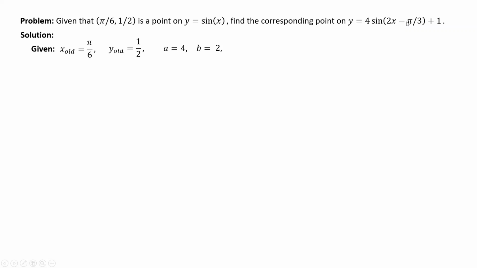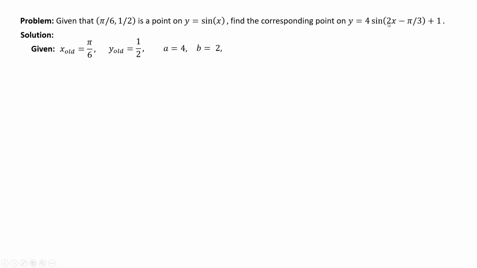bx plus c. So what is c? As Elmer Fudd would say, be very, very careful. Is c pi thirds? No, c is not pi thirds. c is actually negative pi thirds, right?